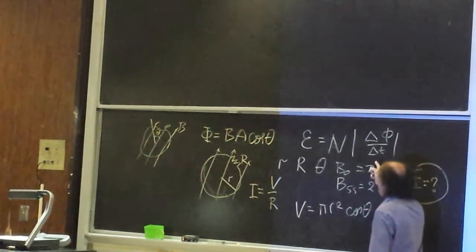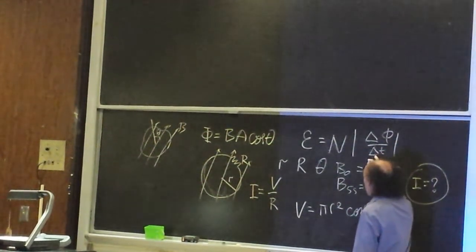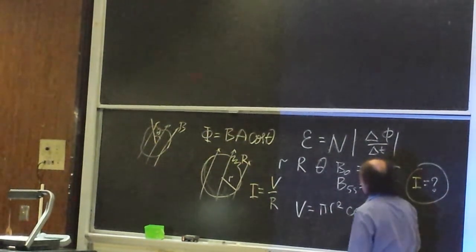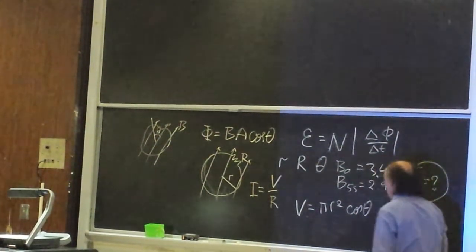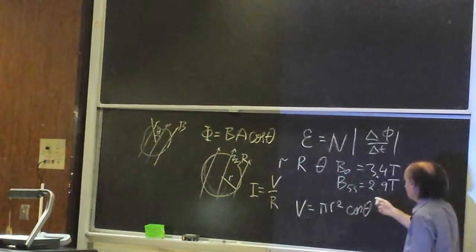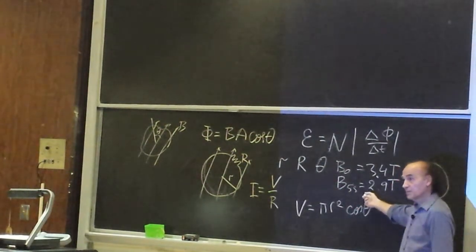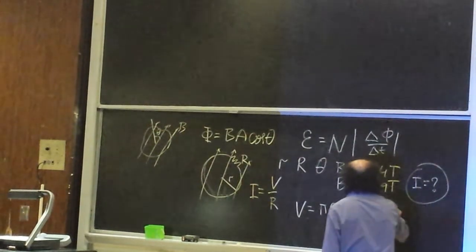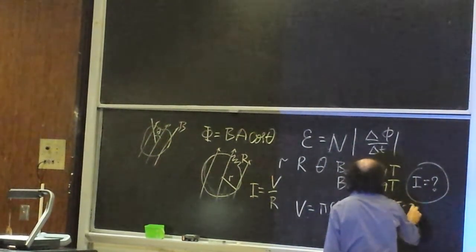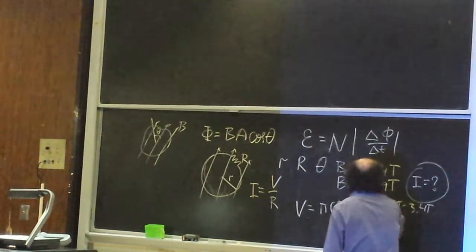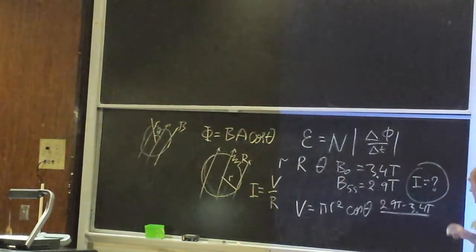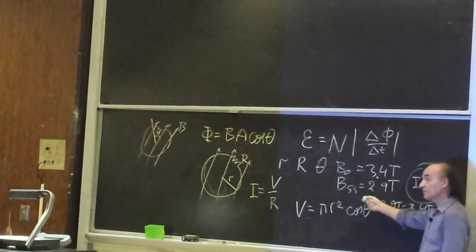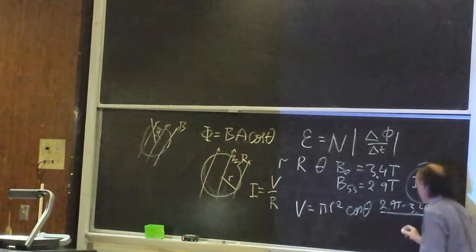So here I have delta B over delta t, the change of field with time. The change of field is the final magnetic field minus the initial: 2.9 Tesla minus 3.4 Tesla. This is delta B divided by delta t. Delta t is simply 5 seconds, divided by 5 seconds.